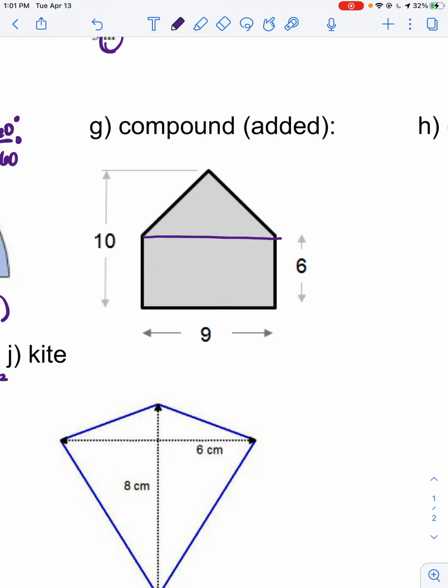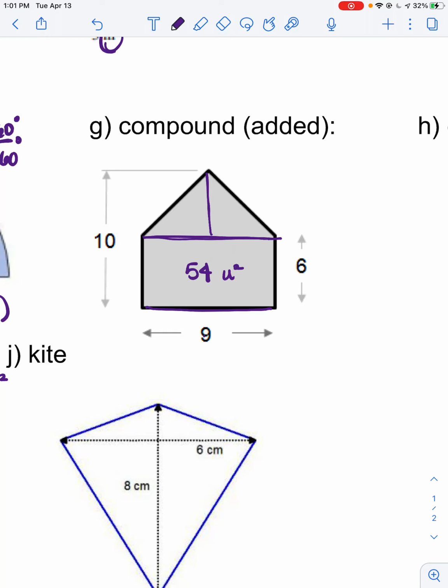This bottom rectangle is a 6 by 9, and 6 times 9 is 54. I don't know the units, but I know it's units squared. How about this triangle? Well, the base is 9. I'm just bringing this 9 up because the base of this triangle is the same length as the rectangle's. But what's this height?